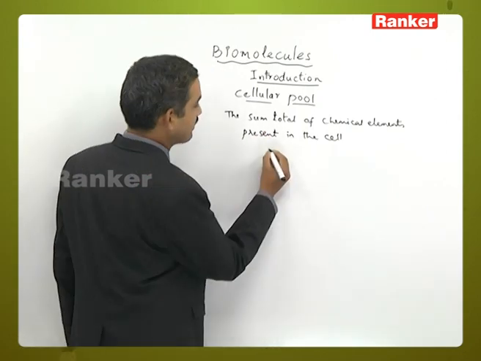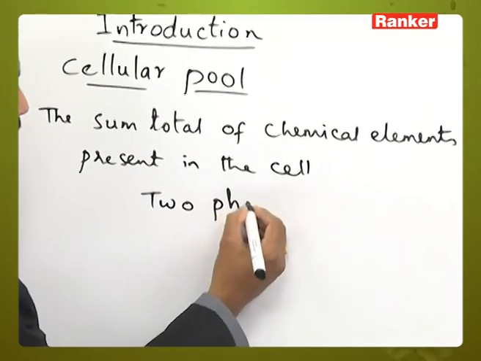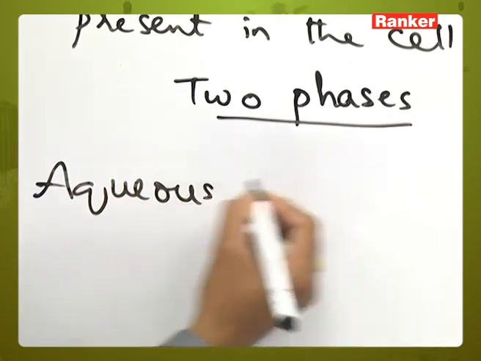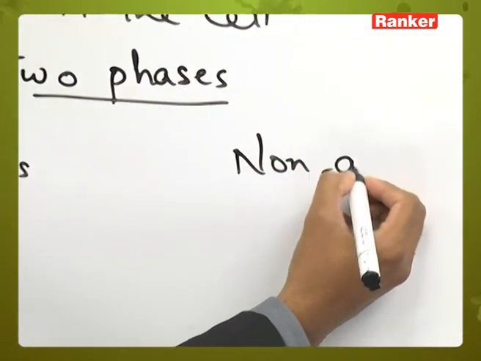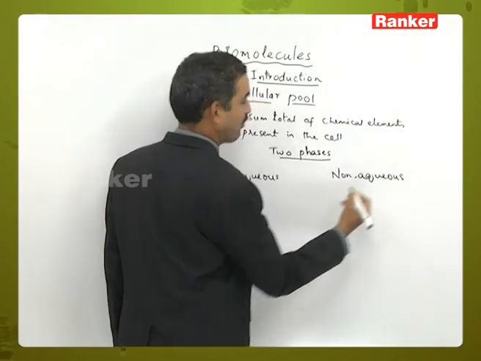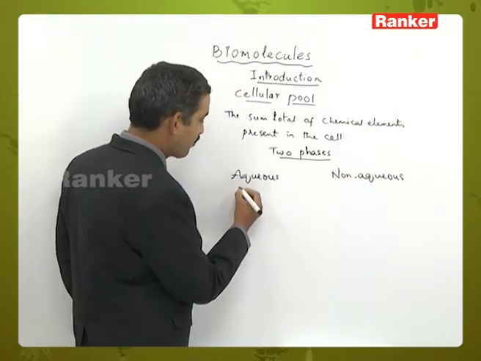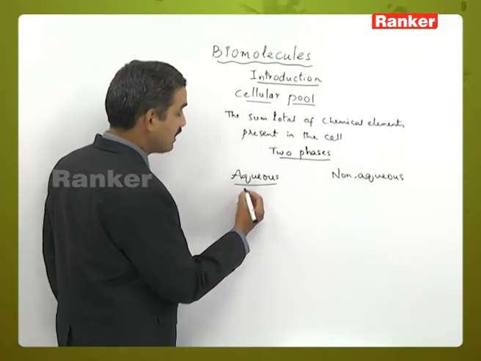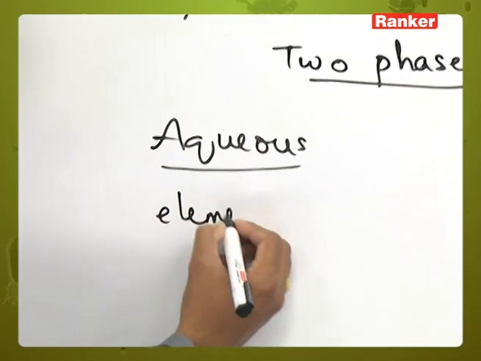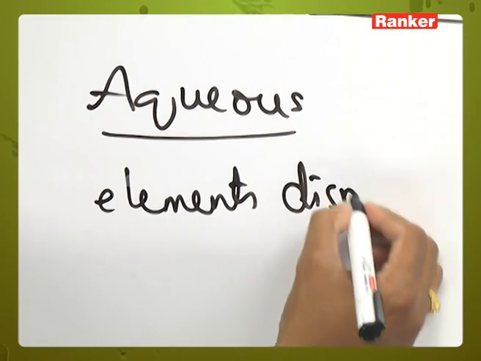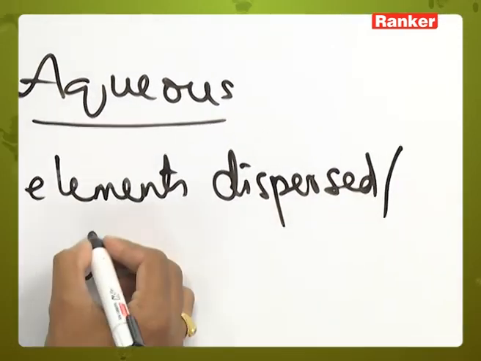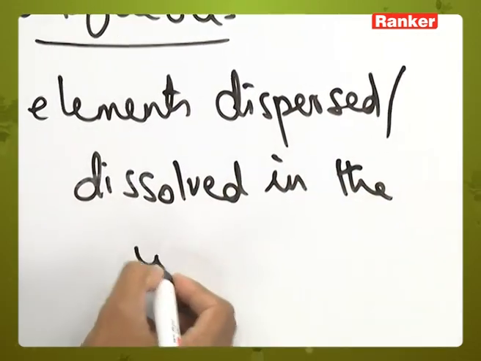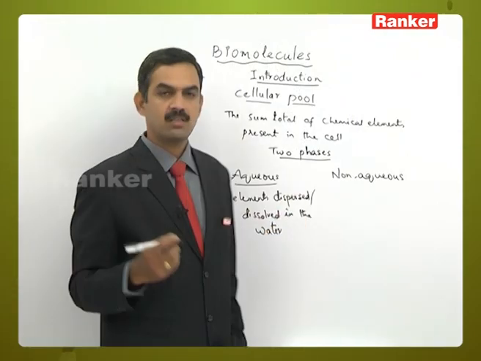This cellular pool will exist in two states or two phases. One is called the aqueous state and the other is called the non-aqueous state, or the aqueous phase and the non-aqueous phase. Aqueous phase means the chemicals, the ions, the elements which are present are dispersed, or some may be dissolved, in the water content or the liquid content.